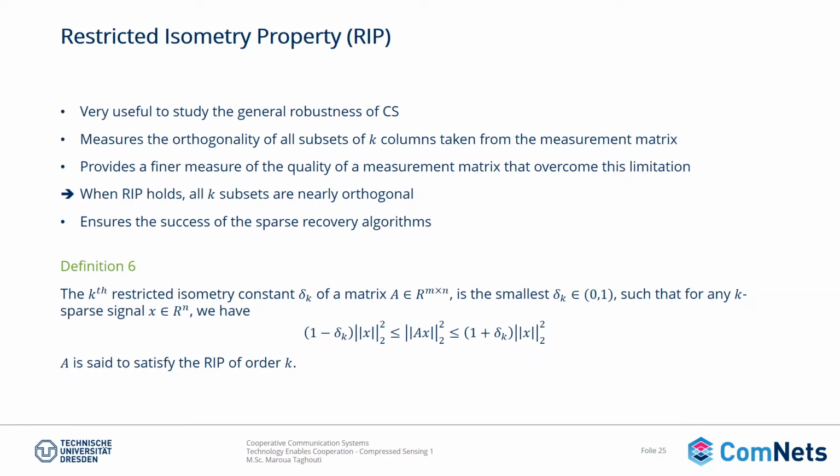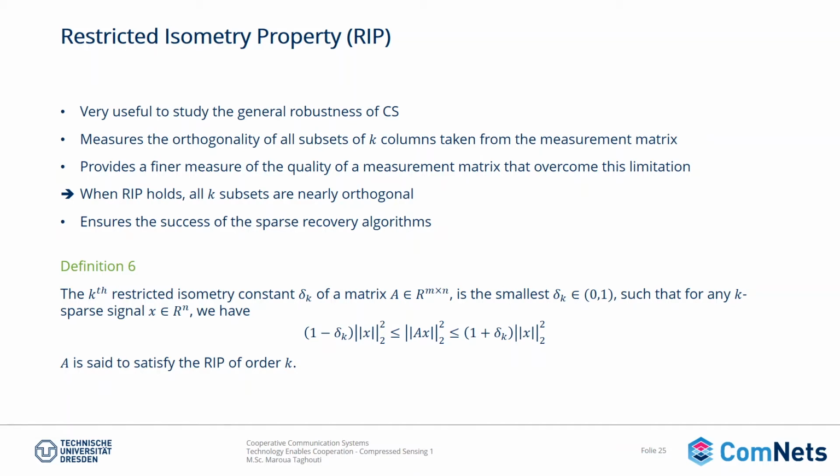Here, how it works is that we are checking how close the columns of my matrix are to orthogonal. So I will be picking these columns at random, and I will be testing for orthogonality, of course, using inner products, to check whether this is good or not. This procedure provides a final measure of the quality of my measurement matrix that overcomes the limitation that we have seen before.